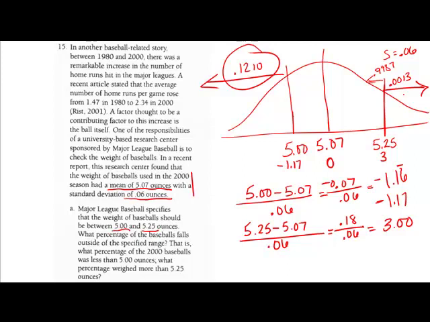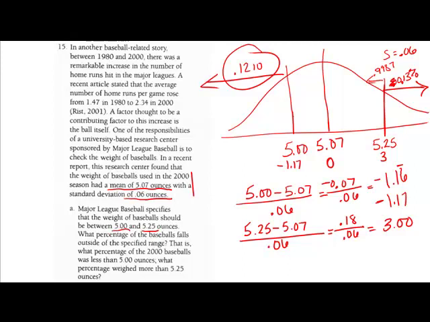And less than 1%, right? If we're going to turn this to a percentage, 0.1%, way more than 5.25 ounces. Bet you didn't know the weight of baseballs could be so boring.